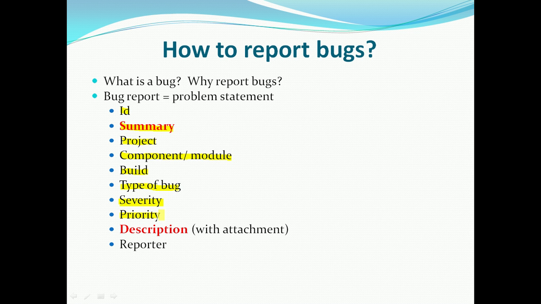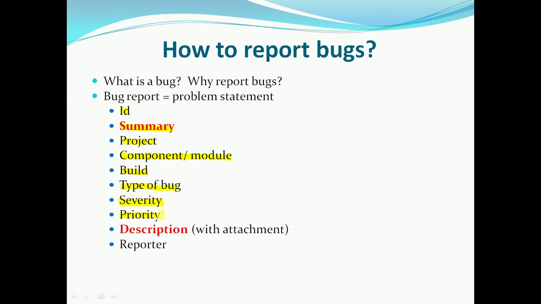And even if the severity is low, the priority can be high. An example of low severity and high priority can be, on the home page the logo of your organization is incorrect. Now that is a very simple problem. It is not causing any data loss, or impacting any functionality, or causing any performance problems, but it has a high priority because it gives the incorrect message, because the logo is wrong.